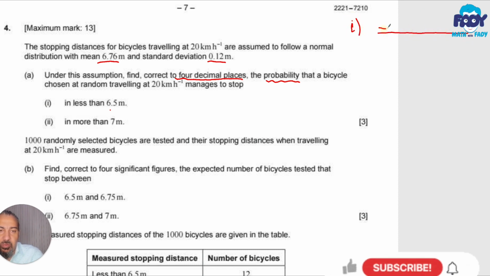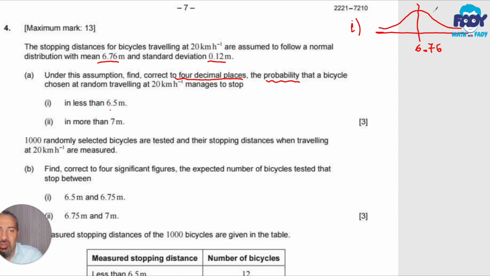We are talking about this normal distribution curve, the bell-shaped curve. We know that the mean is in the middle. This is 6.76, our mean, and the standard deviation is the step that we add or subtract, 0.12.